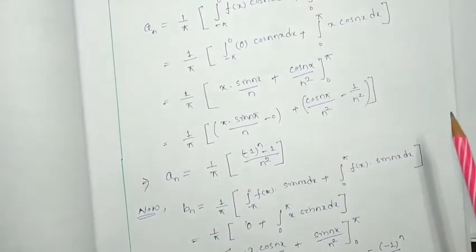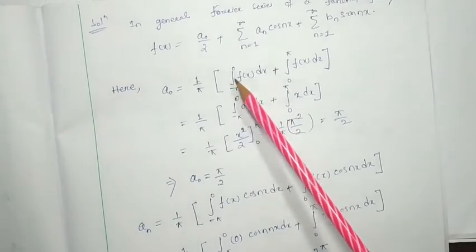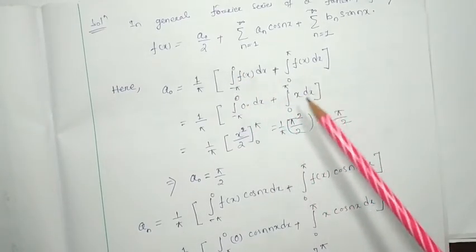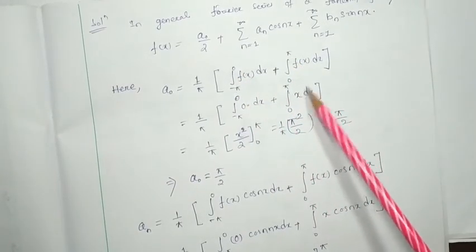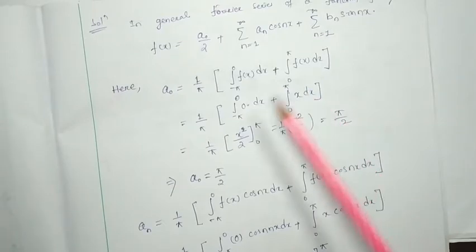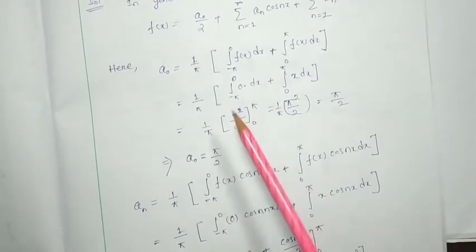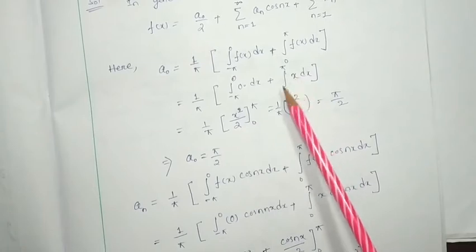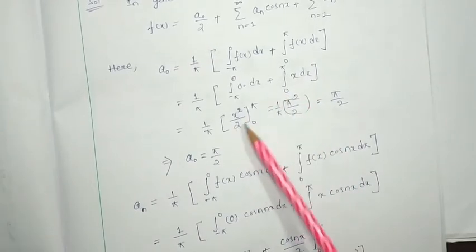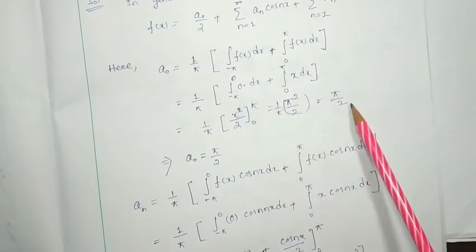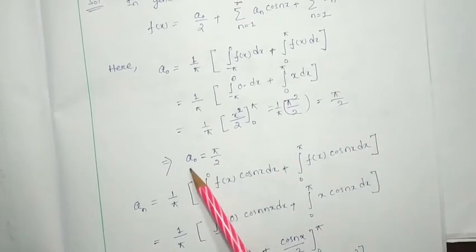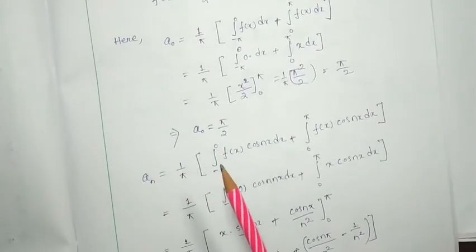So a0 will be equal to the integration of x, which is x square by 2, limit 0 to pi, and we get pi by 2. Hence a0 we found is pi by 2.